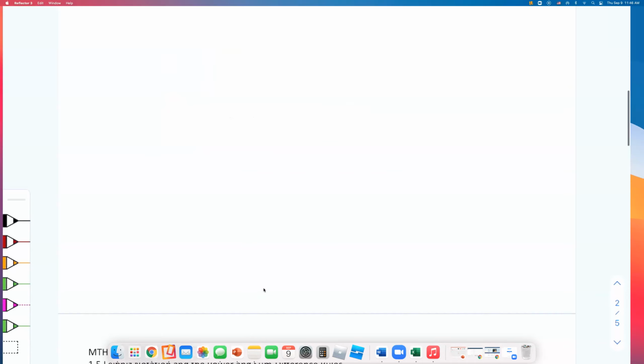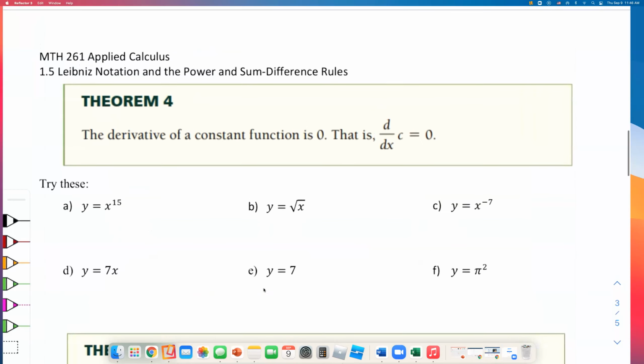You'll see this very often, so they even made it into a theorem that the derivative of a constant function is simply 0. That is, well, I don't know, I sometimes call it d/dx. d/dx of any constant c is equal to 0.